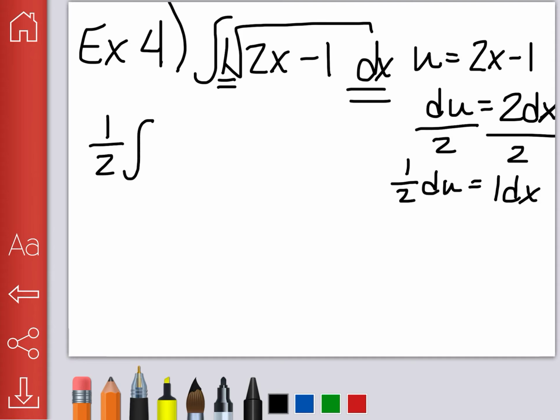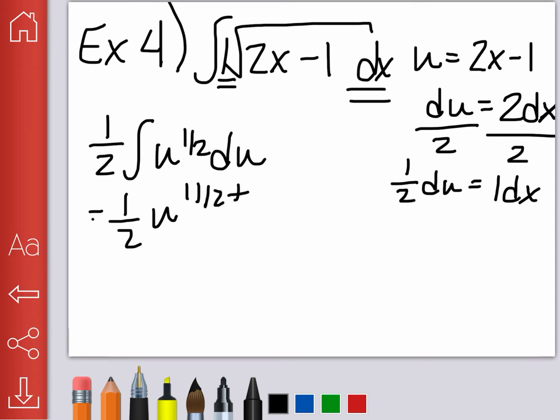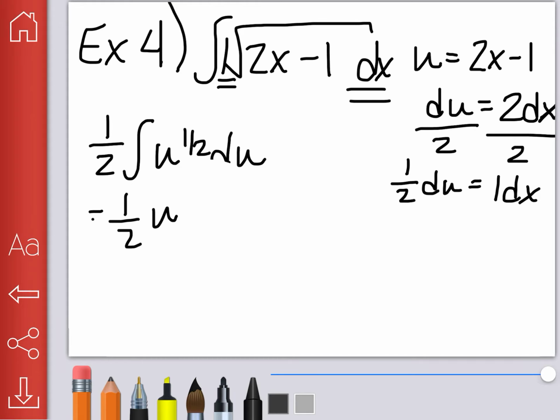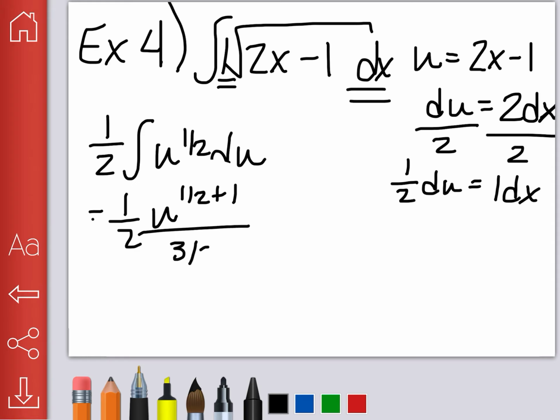So we have a 1/2 times the integral of u to the 1/2 du. Okay, so we've got 1/2 u to the 1/2 plus 1 over 3/2 plus c.